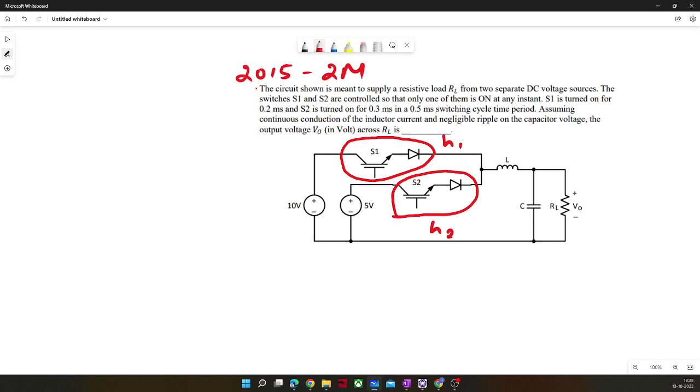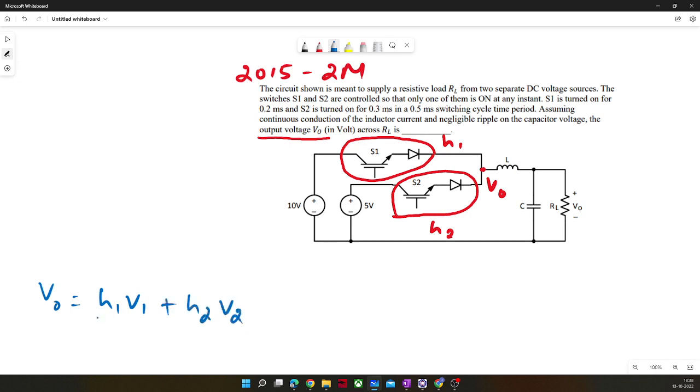Now you can easily calculate this voltage, right? And in the question, what is asked? The output voltage across RL. Very easy. Earlier, you would have got confused if you saw two voltage sources here, but now you know that it is very common in switching circuits that V naught you will write directly as H1 V1 plus H2 V2, right?